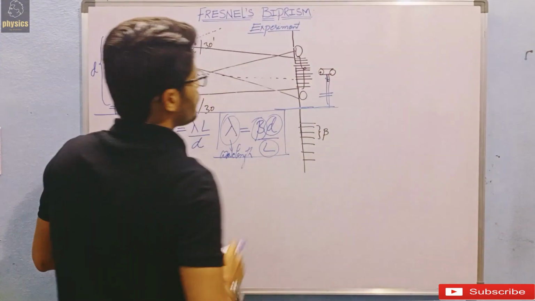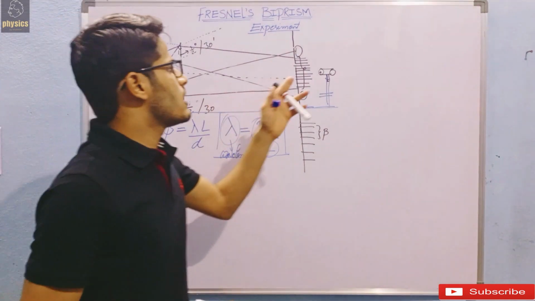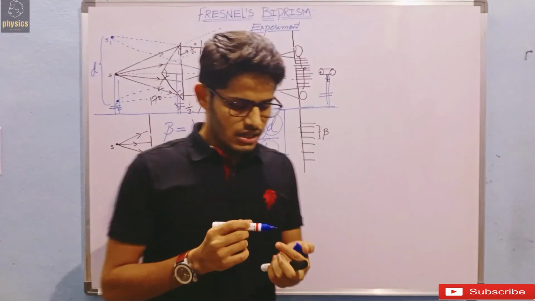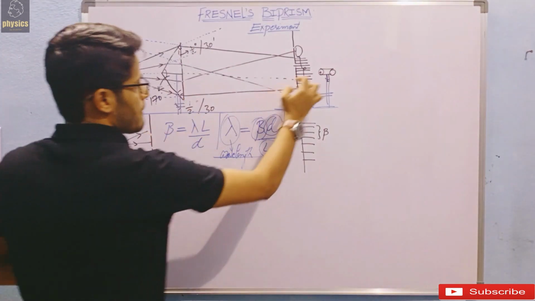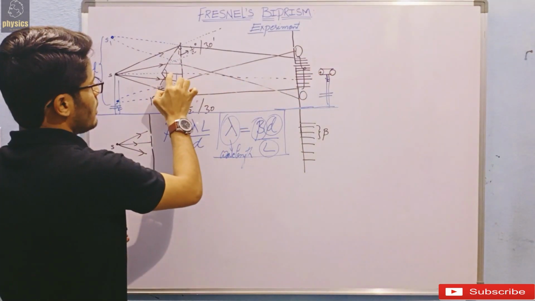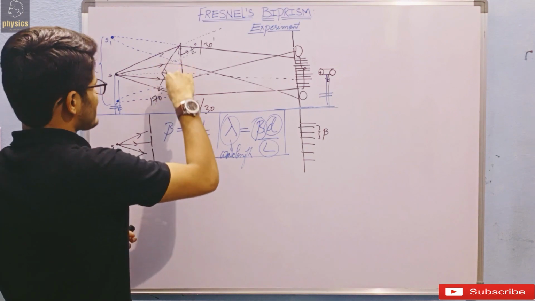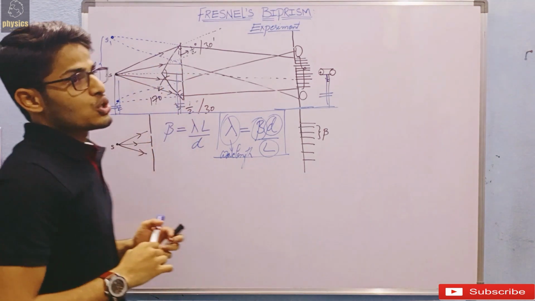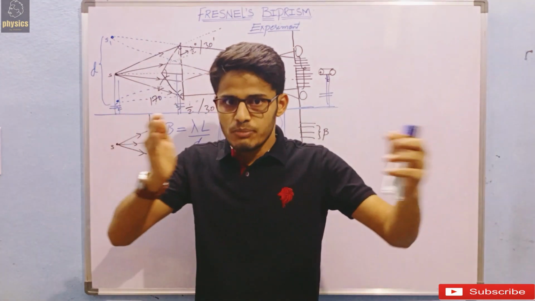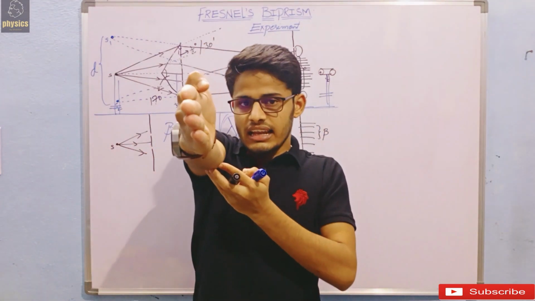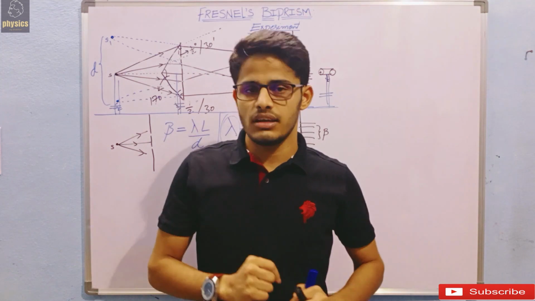If you want to get the interference pattern here, there is a condition for that: the eyepiece, the biprism base line and the source should lie exactly in a single line. They should be exactly aligned. Then only can you see the interference pattern.